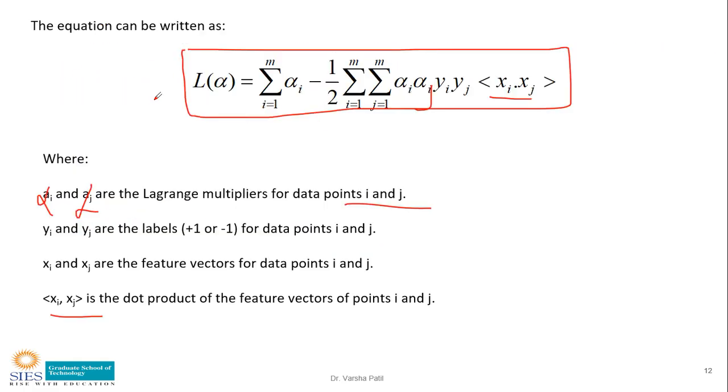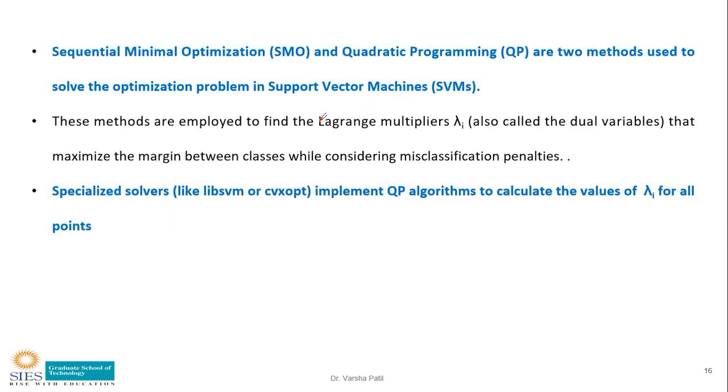Now if you see this equation, the main aim is to find alpha i, but finding alpha i manually is a very tedious task. For this calculation, various techniques are there. For example, sequential minimal optimization, that is SMO, and quadratic programming are two methods to solve the optimization problem in support vector machine.